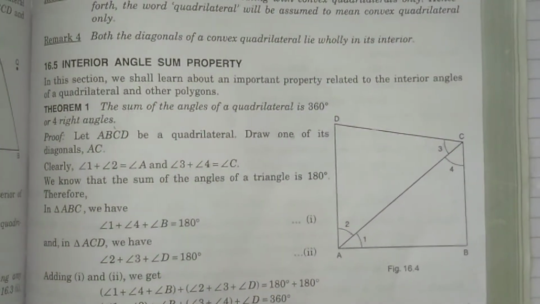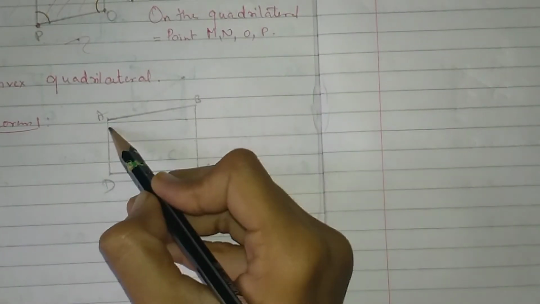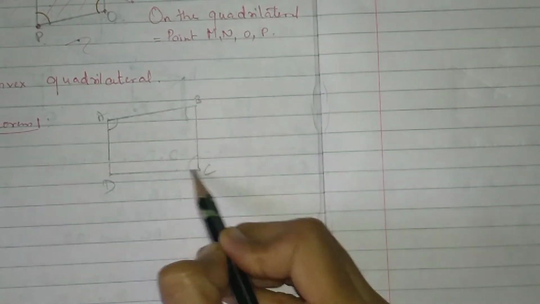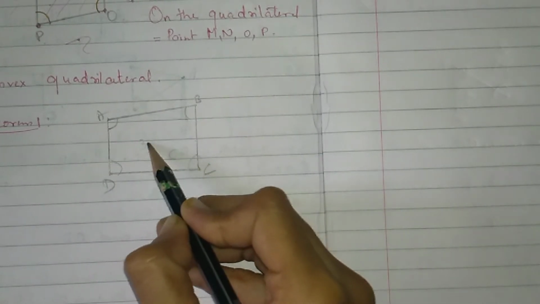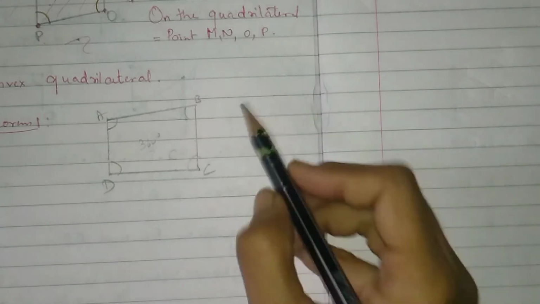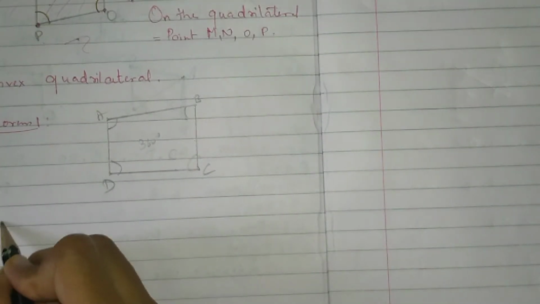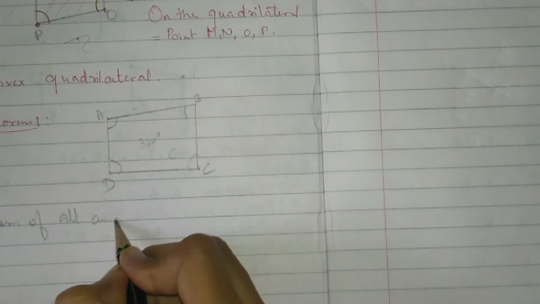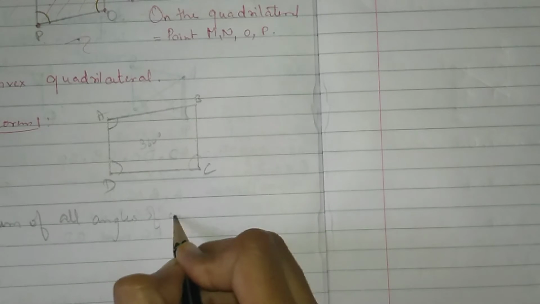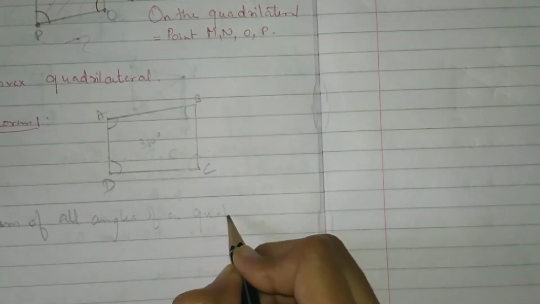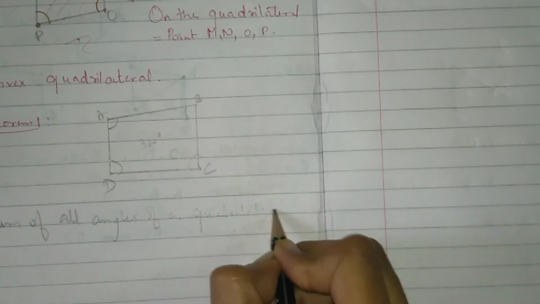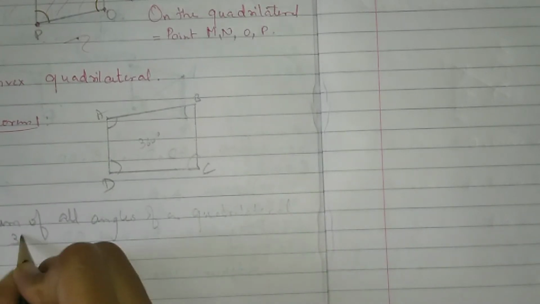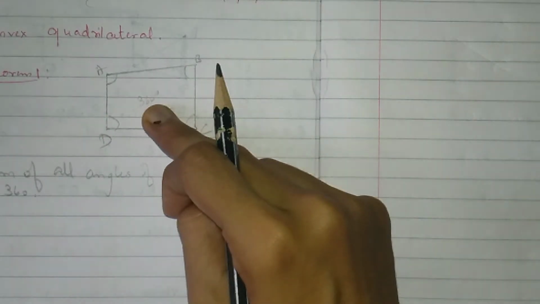That is the statement of the theorem: the sum of all angles of a quadrilateral is 360.